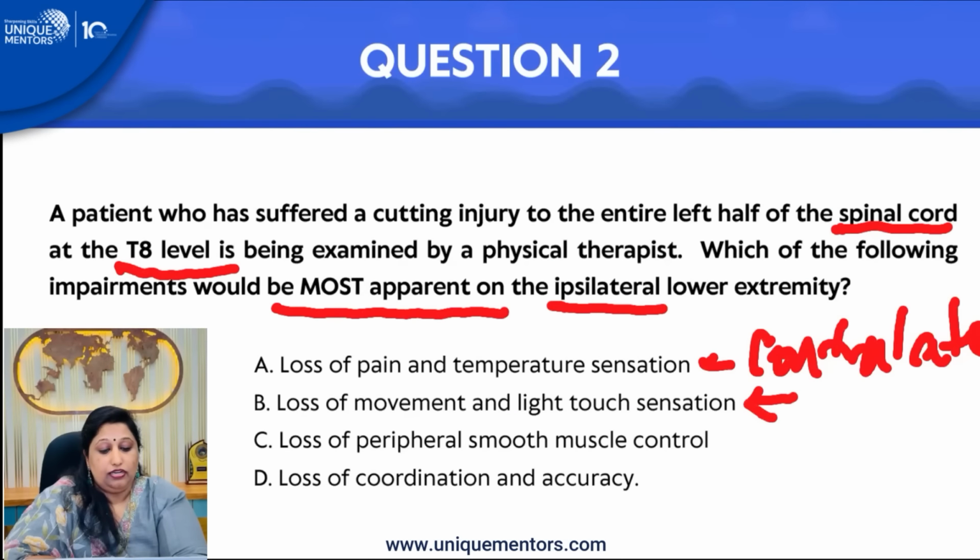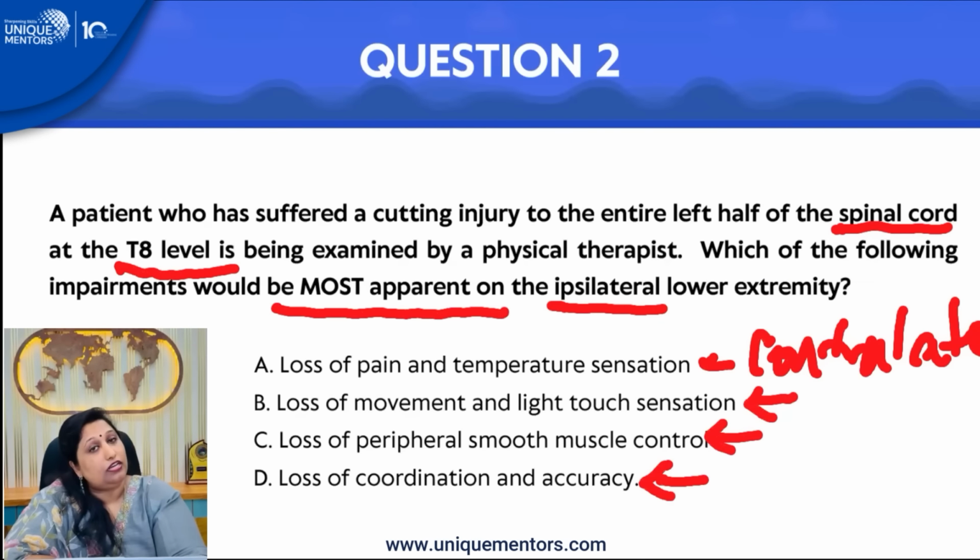Now, coming to option C, loss of peripheral smooth muscle control. This is not related to the spinal cut. It is totally dependent on the adrenergic receptors. Now, loss of coordination and accuracy is dependent on the cerebellum. So this usually goes off when you have a cerebellar lesion.